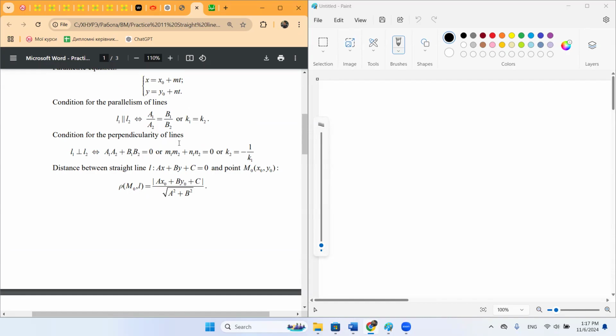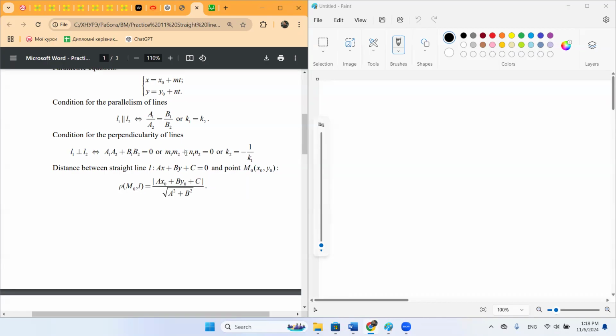And perpendicularity of lines. We remember that the scalar product of two orthogonal, perpendicular vectors is 0. Here we have the same situation: a and b are coordinates of normal vectors, so they are perpendicular and their scalar product is 0.